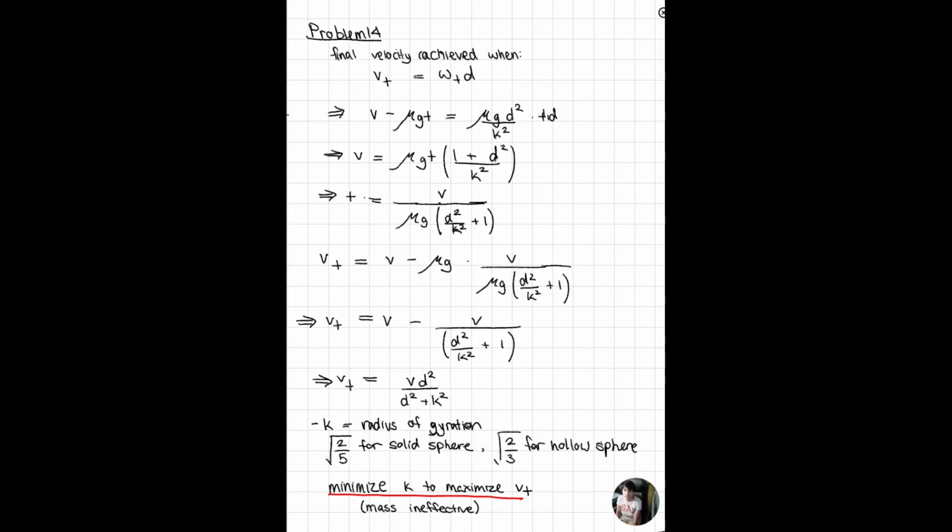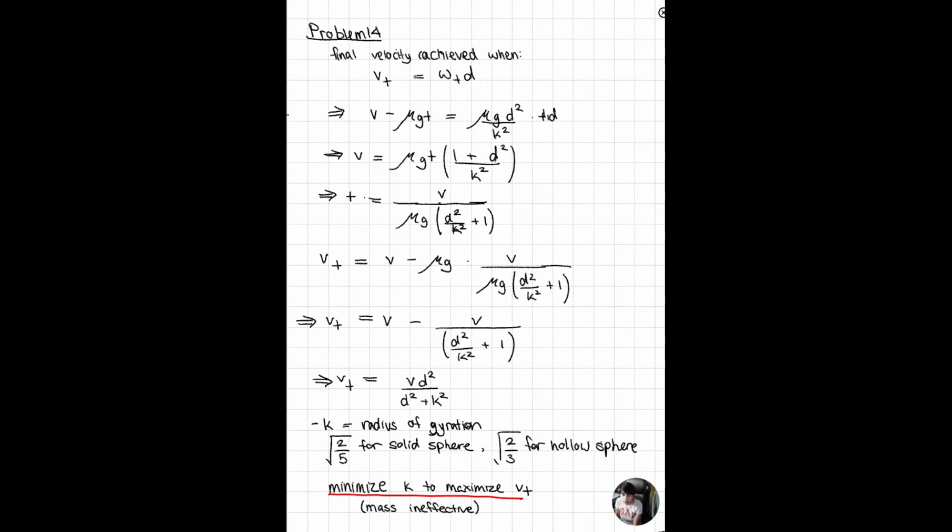In this case, we want to maximize the final velocity, as explained in the problem when we read it. So how are we going to maximize the final velocity? Remember that v and d are both constants for all three spheres. So what we want to do is minimize k to maximize vt, which means we want k to be the smaller value, which in this case is square root of 2 over 5.